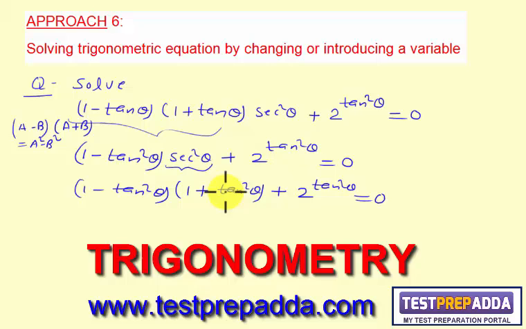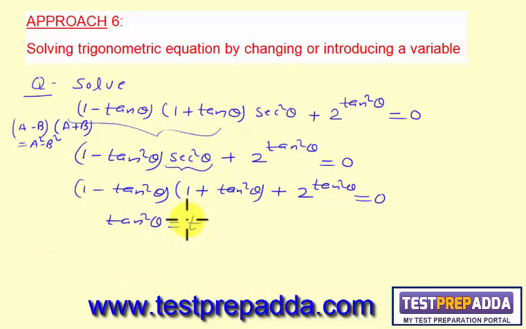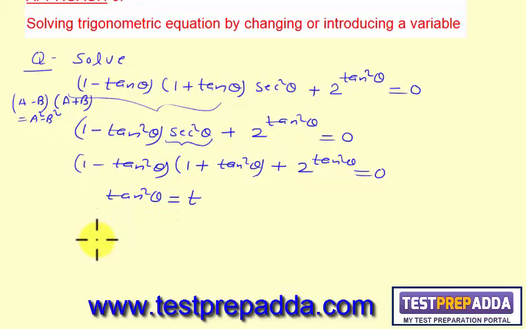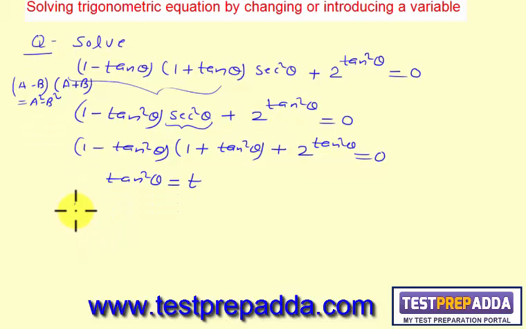Now you can see everywhere it is tan square theta. So I'll write t in place of tan square theta. Okay, so put tan square theta as t. The equation will become (1 - t)(1 + t) + 2^t = 0.